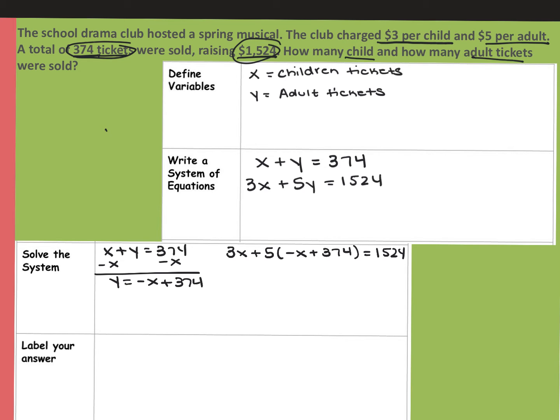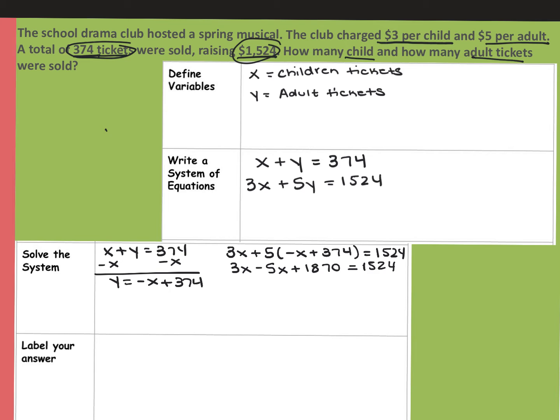So our first step, we're going to use the distributive property. I have 3x, and I'm going to distribute my 5. So 5 times negative x becomes negative 5x. I have 5 times 374, which gives me 1870. And last but not least, we're going to leave our 1524 the same.